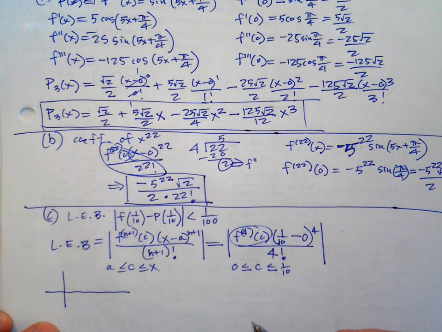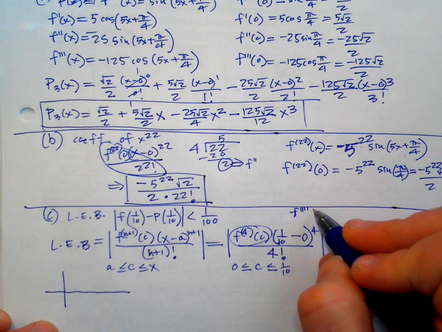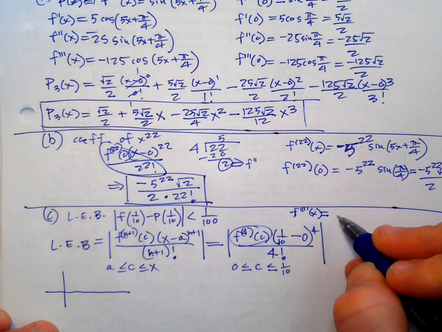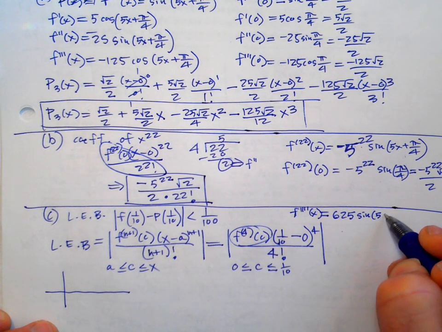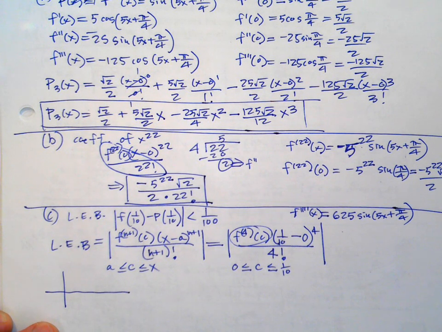So the fourth derivative, which we hadn't found yet, is positive 625 sine of 5x plus pi over 4. So that graph is a sine curve.